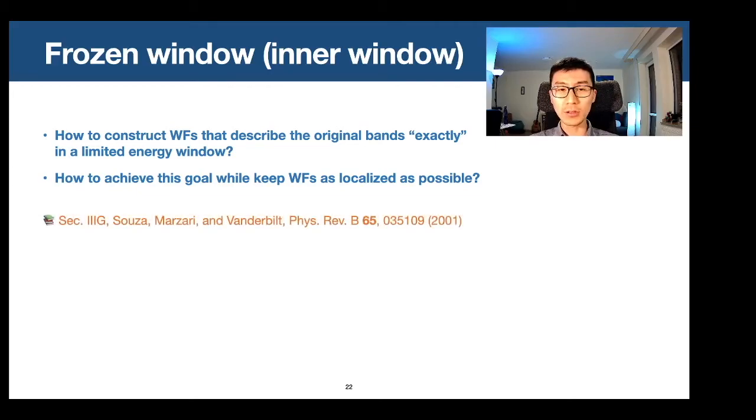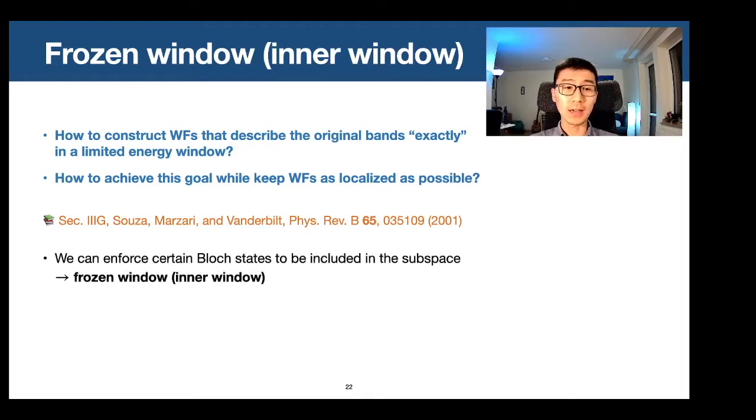This was introduced again in Ivo Souza's paper in 2001, and it is written in section 3G. Roughly, we can enforce that certain Bloch states are included in the subspace, and the window that we define in a way that all the Bloch states are included in the subspace is called the frozen window.